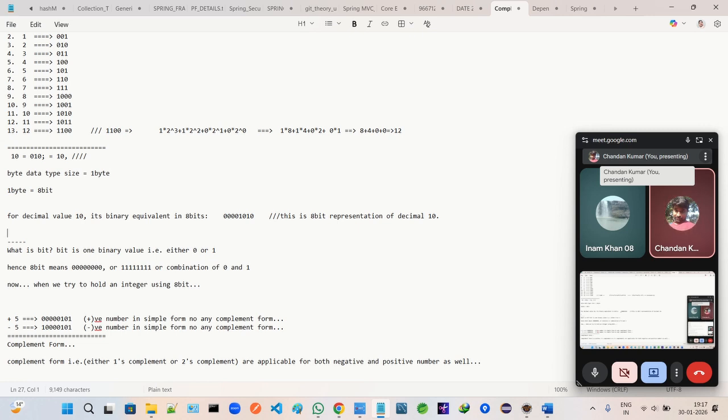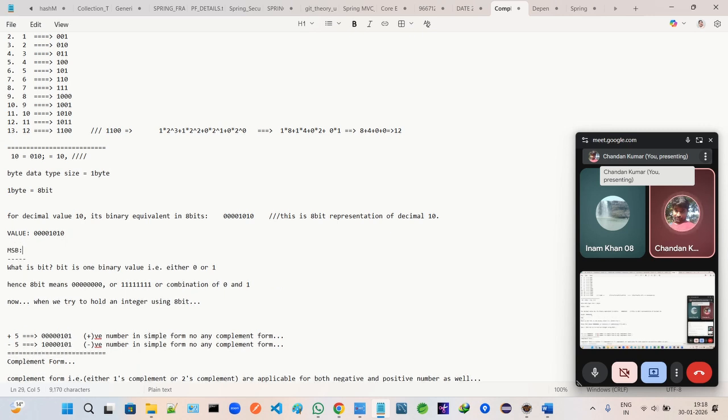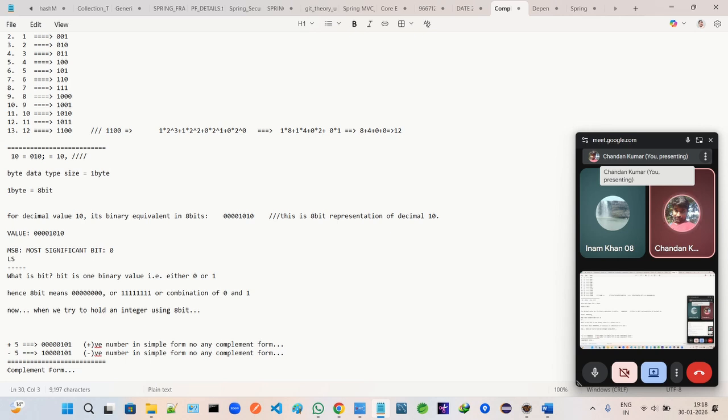Here, MSB, the most significant bit, is 0. LSB, the least significant bit, is also 0. Now MSB and LSB are both 0 here, but where is MSB and where is LSB?